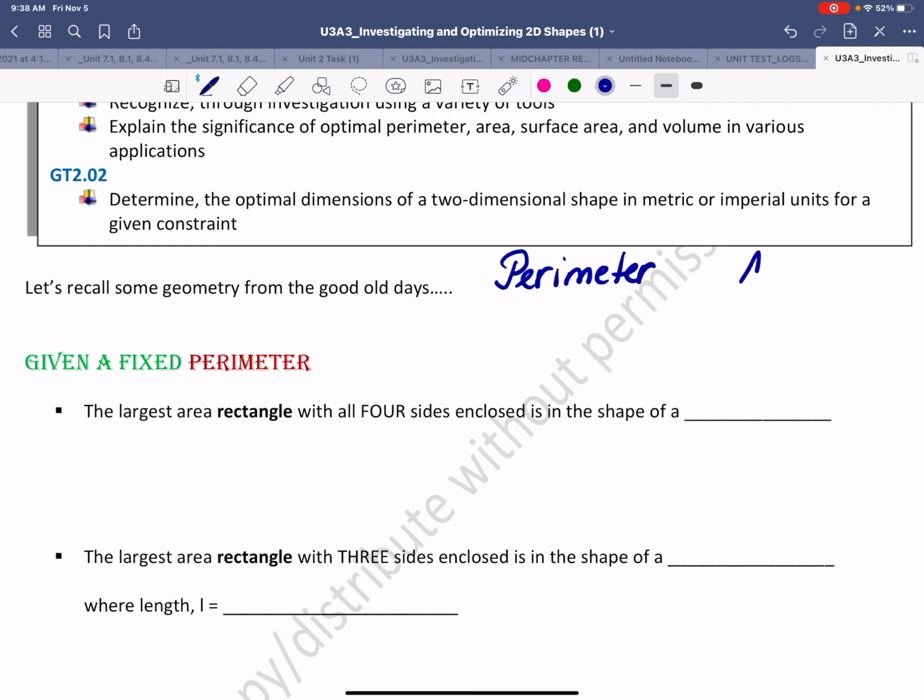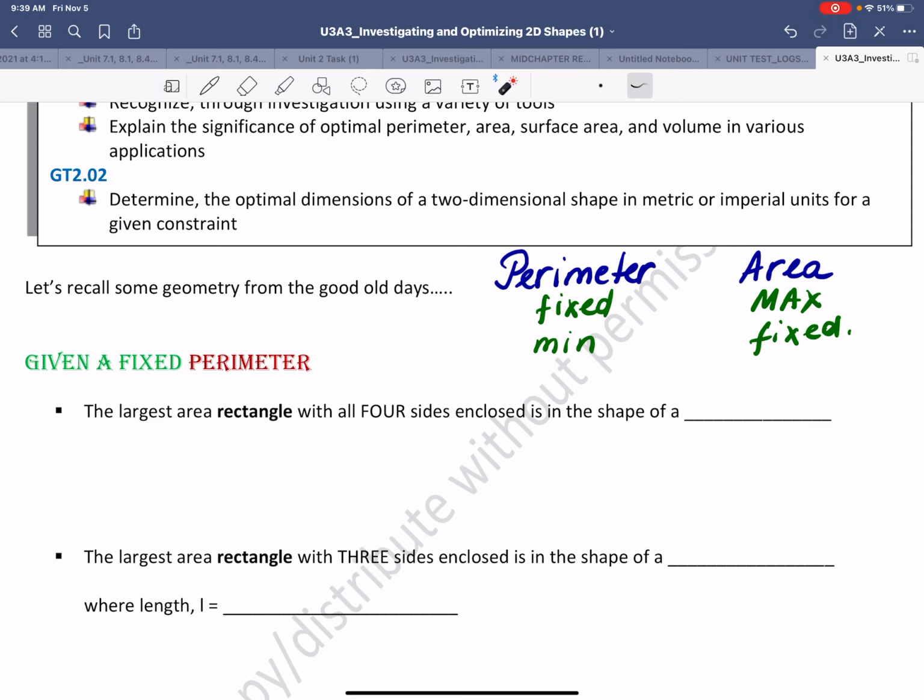So we are going to look at the connection between perimeter and area, and we'll try to find what is the maximum area if the perimeter is a fixed value, or we'll try to find the minimum perimeter if the area is fixed. And this is kind of a problem, easy to understand the reason why we discuss it.